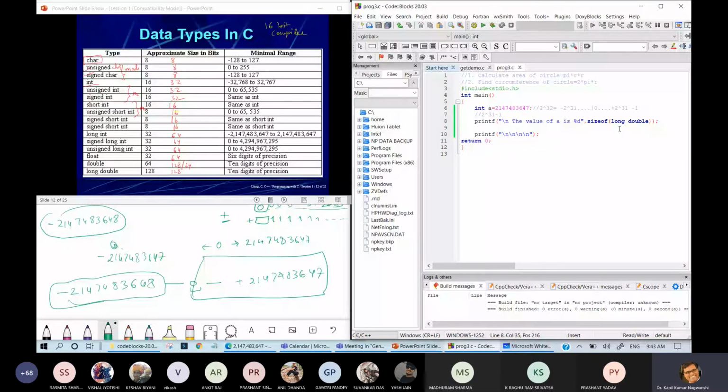So how do you calculate? Using this formula, you can calculate the size of any type. If you want to write any number, then you must know what the size of long double is. If you just put long integer over here, and this value will be 8, then will the answer also come correctly?